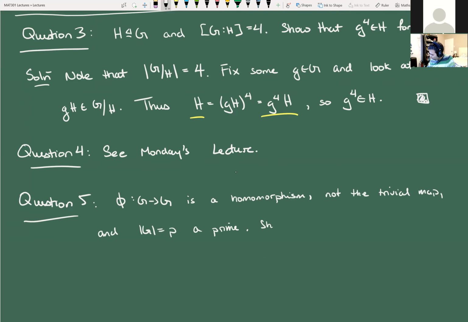Show that G is isomorphic to its image. Okay, so give that a shot. Again, I'm going to give you like 4 or 5 minutes. This whole thing is 2 lines. So hopefully it shouldn't be too much work for you.